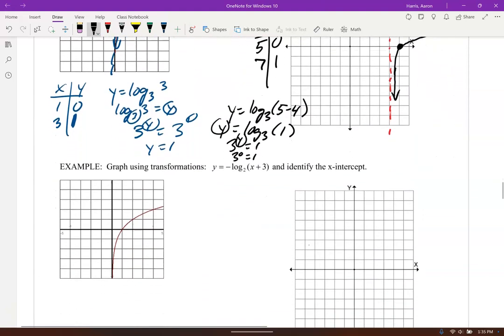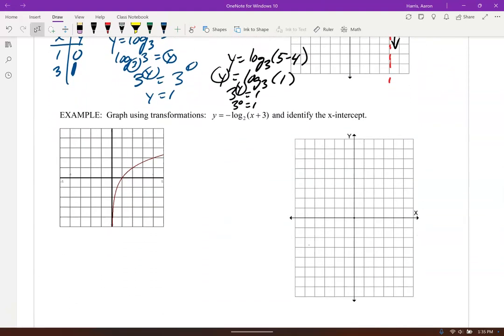All right, let's go ahead and do negative log base 2 of x plus 3. So this is log base 2 of x, which still goes through 1, 0. If you plug 2 in, you could solve that and you get 1. Still has that same vertical asymptote, x equals 0.